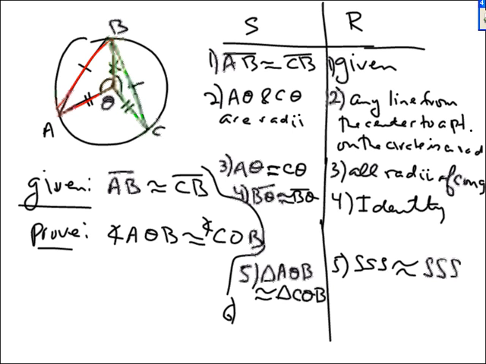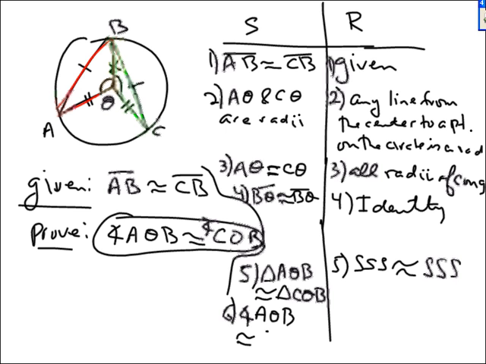Now number 6. Now I can state anything pretty much as long as they're corresponding. Angle AOB and angle COB are equal.